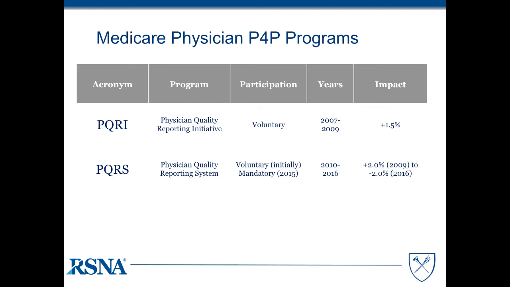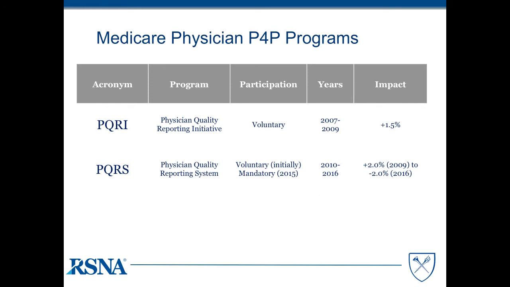3 years later, that system was codified and went from an initiative, that's the I in PQRI, to a formal payment system, hence the S in the name PQRS, Physician Quality Reporting System. This started out as a bonus system, with the bonus jumping from 1.5% to 2.0% and remained voluntary.